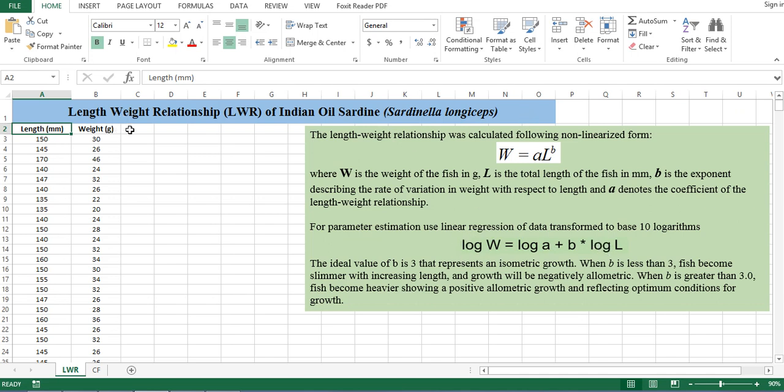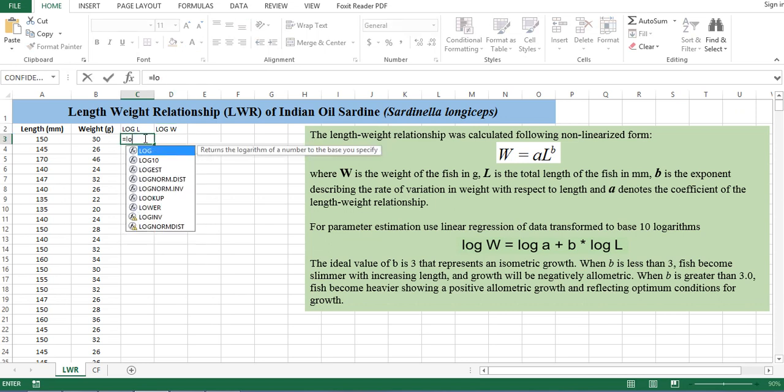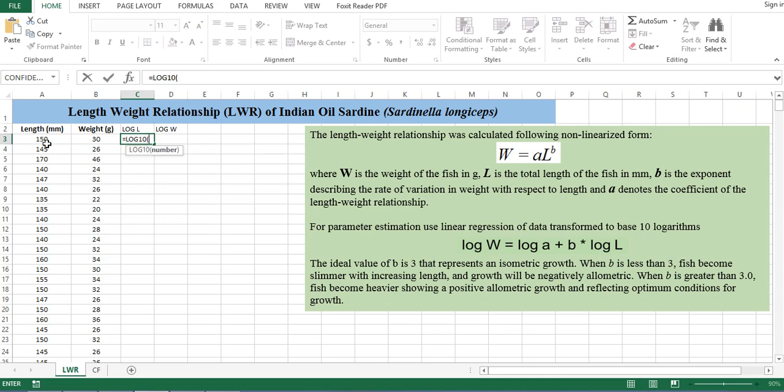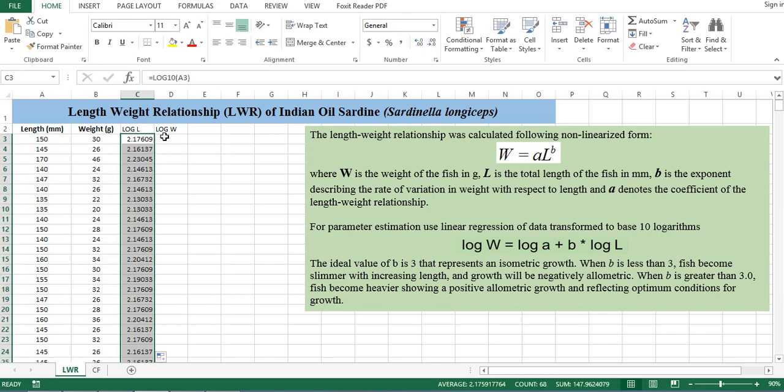First we will make the log of both length and weight. It's very simple. We'll take log base 10 of the length, and with a simple click you get the log of length.